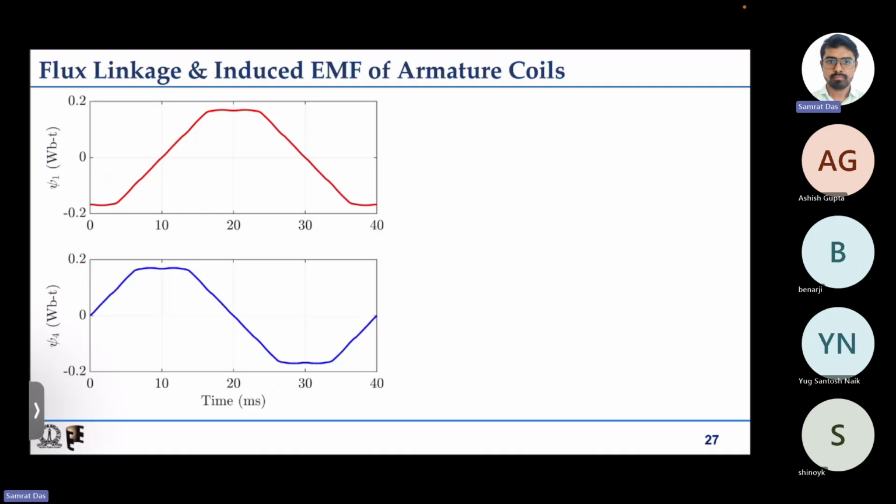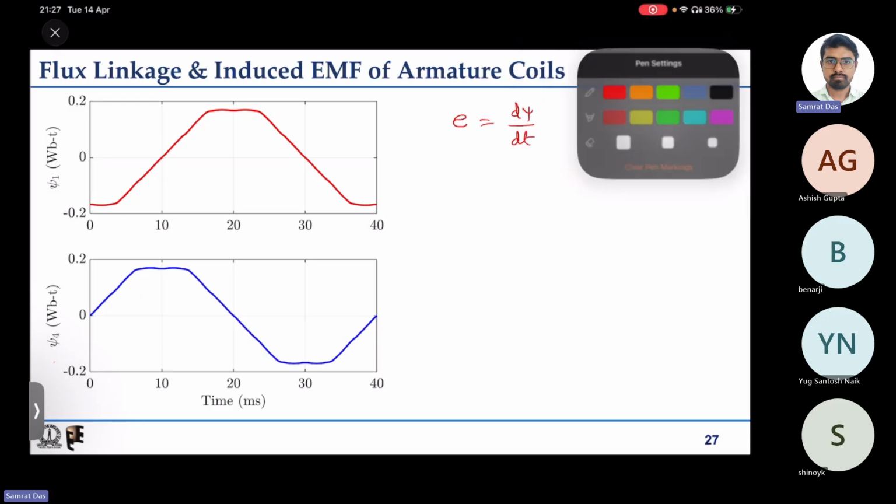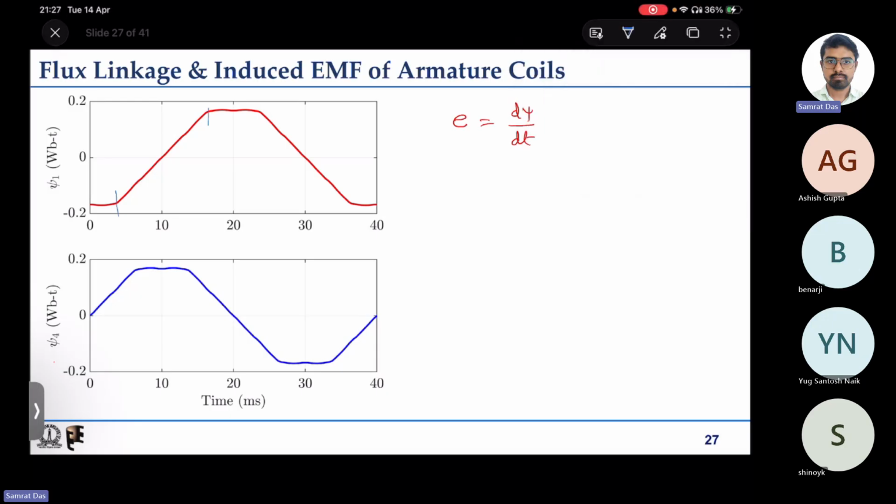So if we focus on the flux linkage of two coils, coil 1 and coil 4, as indicated by psi 1 and psi 4 in this figure, you can see that they are phase shifted. And if we remember that induced EMF in any coil is equal to the rate of change of flux linkage with respect to time, then for this coil 1, wherever you have a rising portion, you will have positive induced EMF.